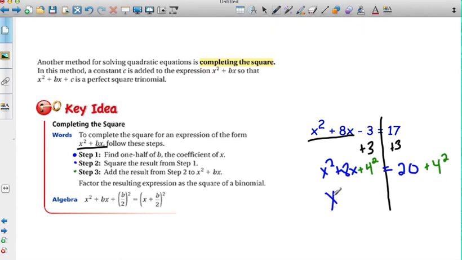x squared plus 8x plus 16 is equal to 20 plus 16, which gives me 36.